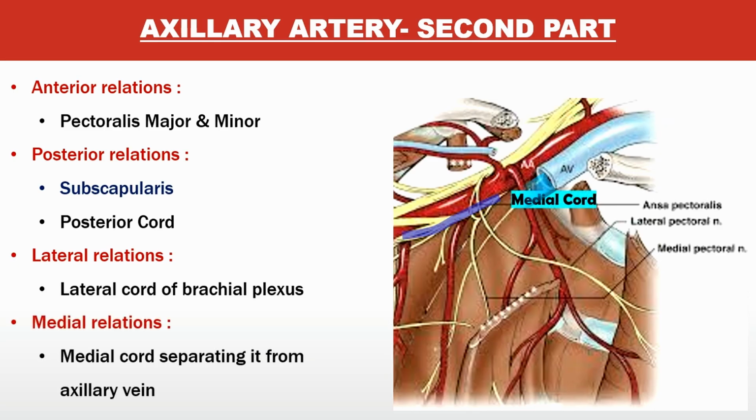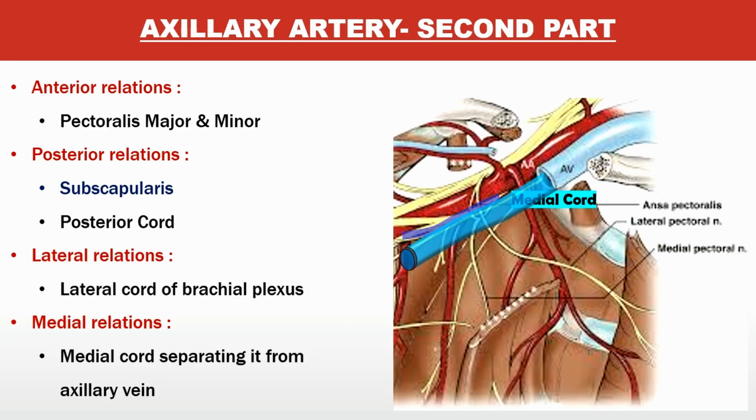So you see this relation, posterior, lateral and medial, this relation of the brachial plexus is actually what? It is corresponding to the cords of the brachial plexus. So posteriorly we have the posterior cord, laterally we have the lateral cord, medially we have the medial cord of the brachial plexus. मतलब क्या हो गया?